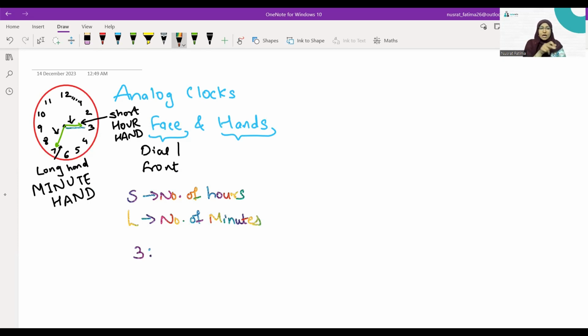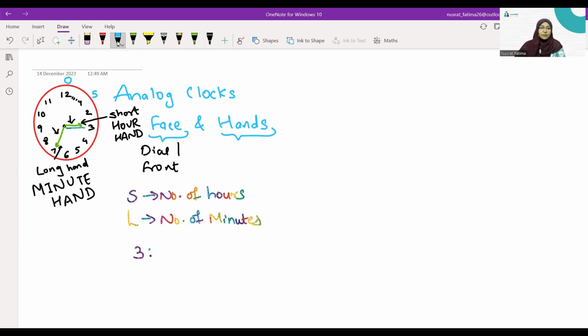And if you see the markings on the clock, you have only 1, 2, 3, 4, 5, 6, 7, 8, 9, 10, 11, 12. So, how do we read the minutes on an analog clock? That is also quite easy. You just have to skip count by 5. So, if the minute hand points at 1, it is actually 5 minutes. We start from 0, which is pointing towards 12, 0 minutes.